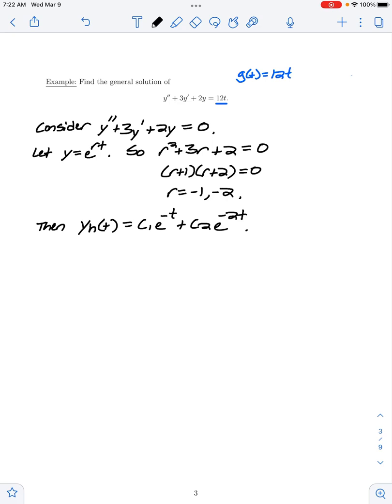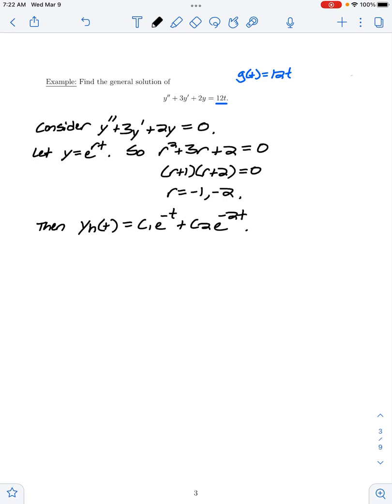So this is our first step: we find the solution of the corresponding homogeneous equation. And now we need to find some particular solution of the non-homogeneous equation. This method of undetermined coefficients requires us to guess the form of our particular solution.